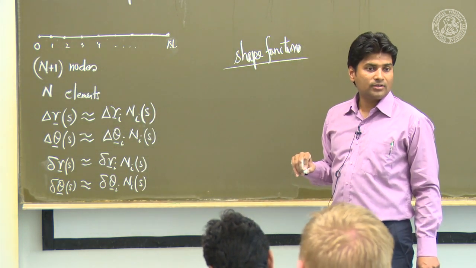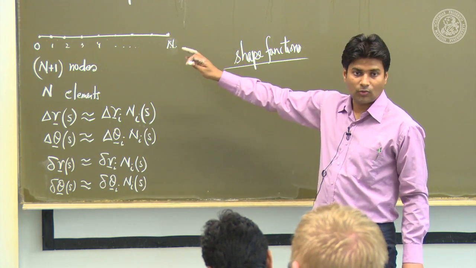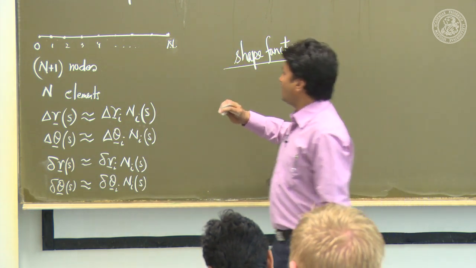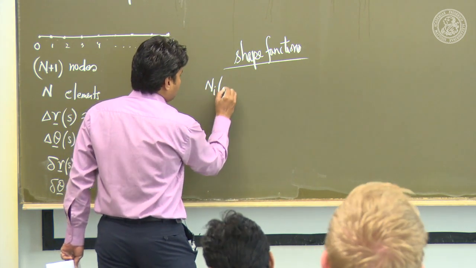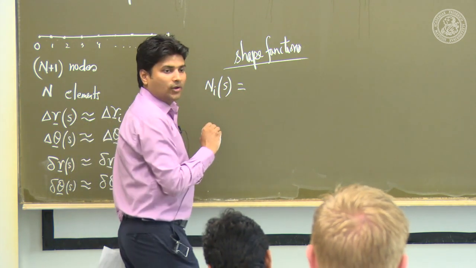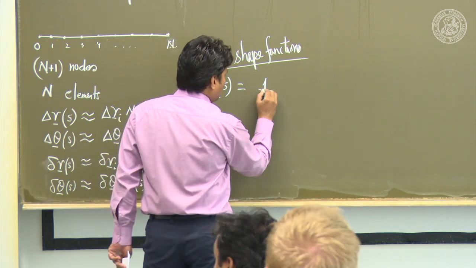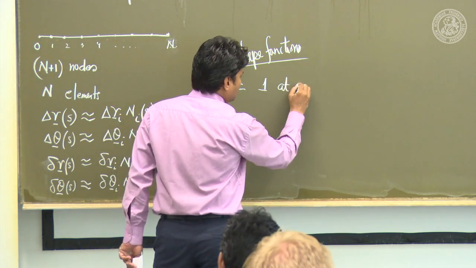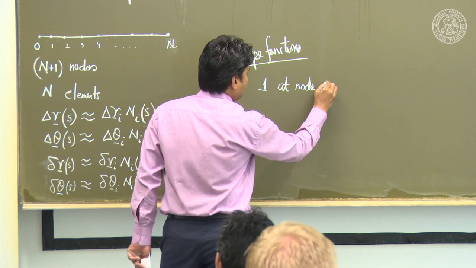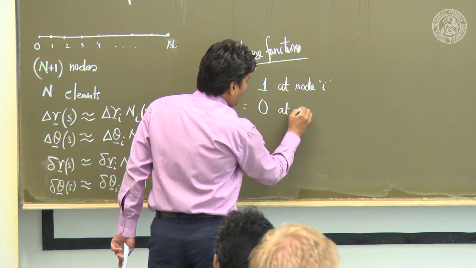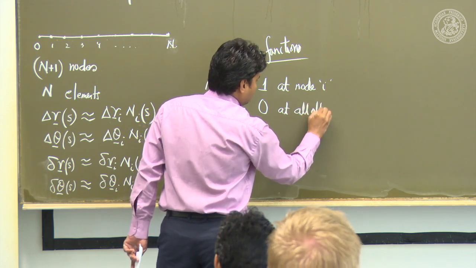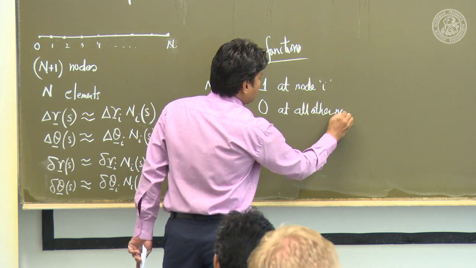So shape functions are then associated with every node, and it is such that N_i of s, for example, would be equal to 1 at node i, but that is equal to 0 at all other nodes. So, that is the property of shape functions.